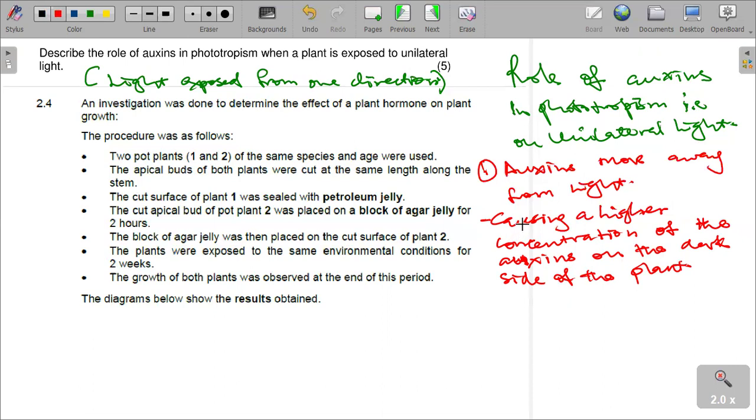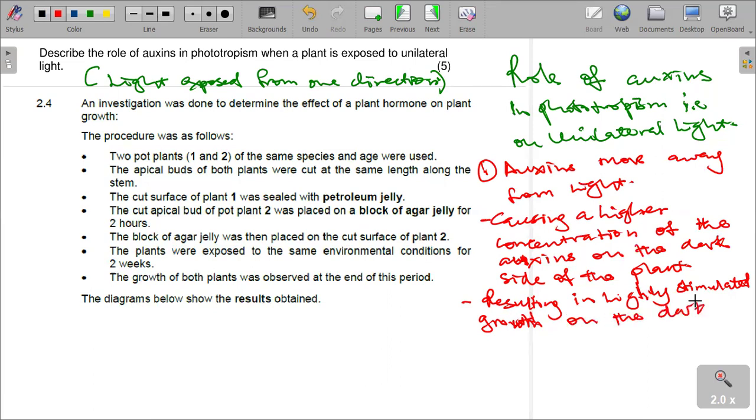This results in highly stimulated growth on the dark side than on the side toward the source of light.